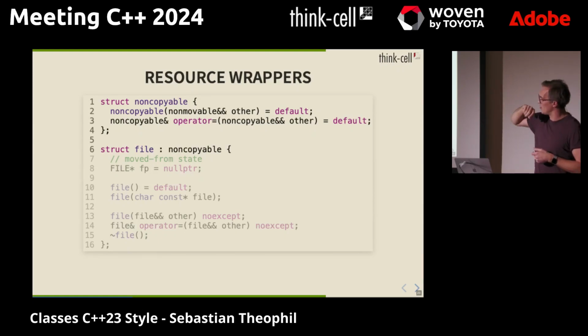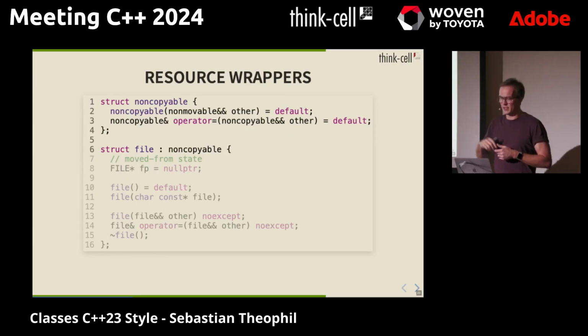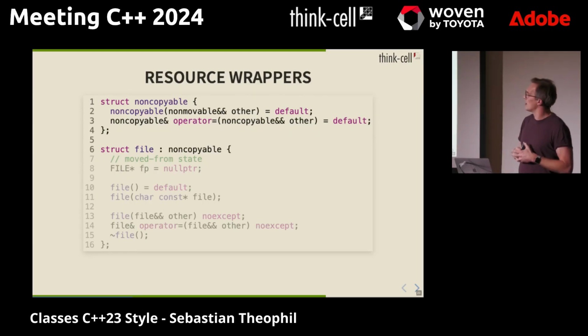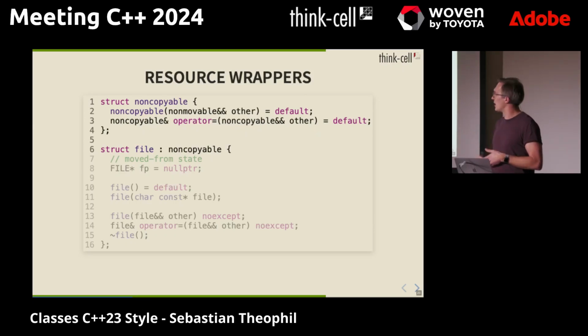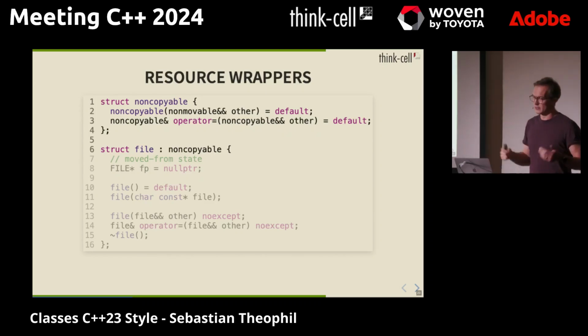So by consequence, this type is not copyable, and then I like to write this in this somewhat declarative style, that I have a new type file, and that file should not be copyable. And then I implement the necessary operations, but if I do this wrong and I generate a copy by accident, I will get a compiler error because non-copyable is not copyable.